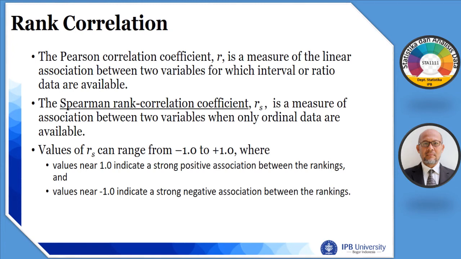The value of RS can range from -1 to +1, where a value near +1 indicates a strong positive association between the rankings, and a value near -1 indicates a strong negative association between the rankings. So both indicate strong association. The first one, -1, is a negative association. The other, +1, is a positive association.